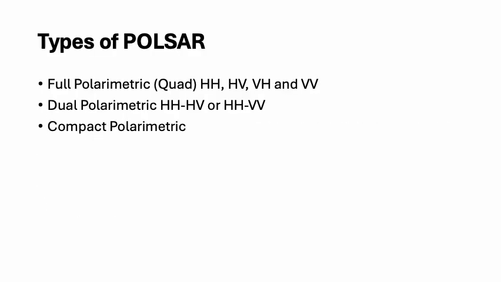Based on which polarization combination is used by the satellites, there are three types of satellites. First, full polarimetric or quad pole, which uses all four polarization combinations. So in full pole data we have HH, HV, VH and VV, all four.